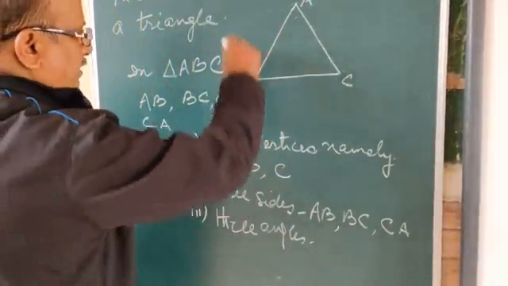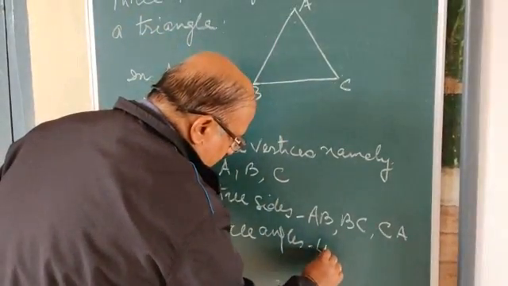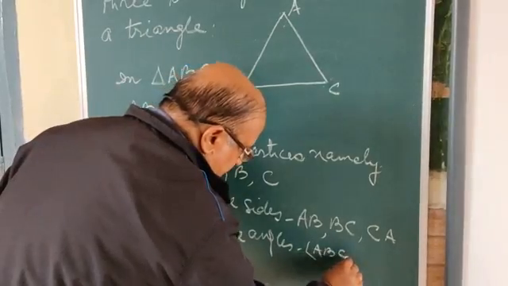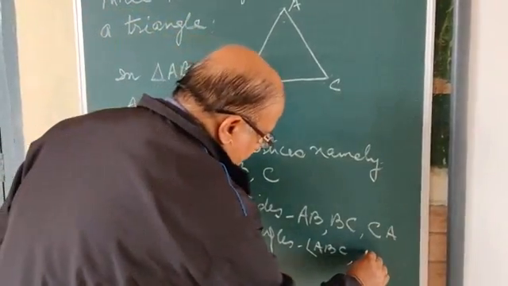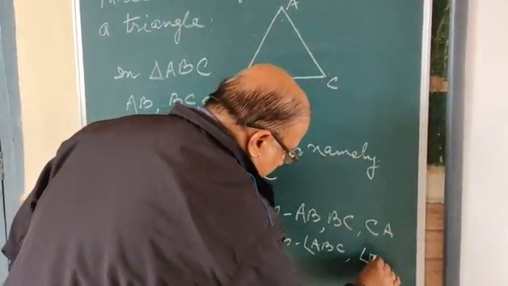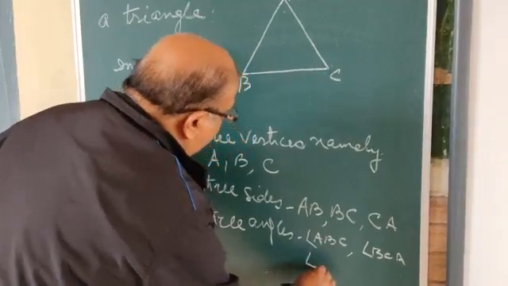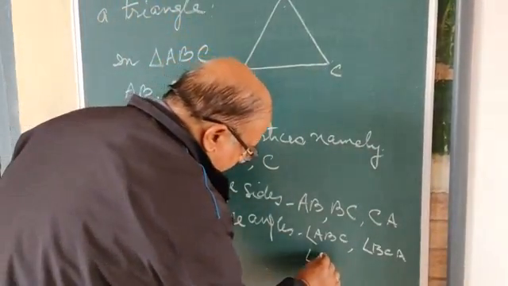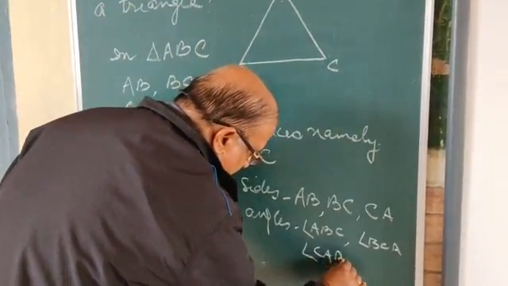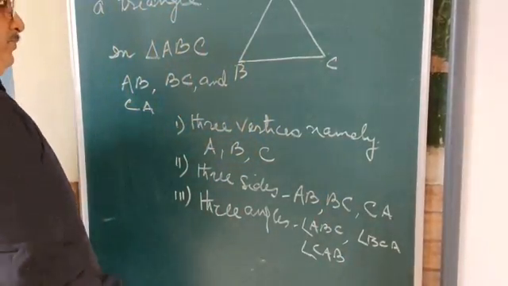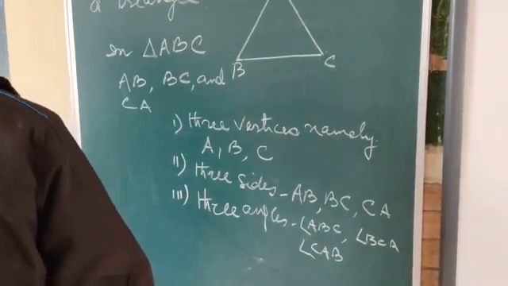We can name them angle ABC, angle BCA and angle CAB. So three vertices, three sides and three angles.